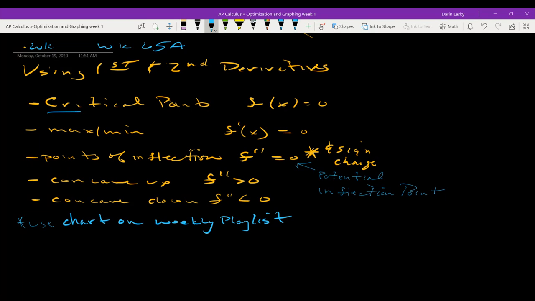To find critical points, we're just going to take f of x, and we're going to set it equal to 0. That's all we're going to do.